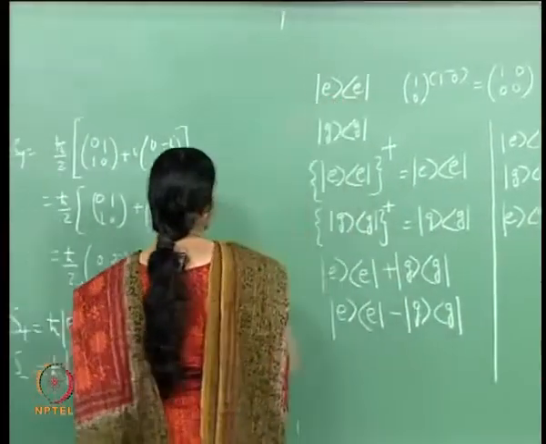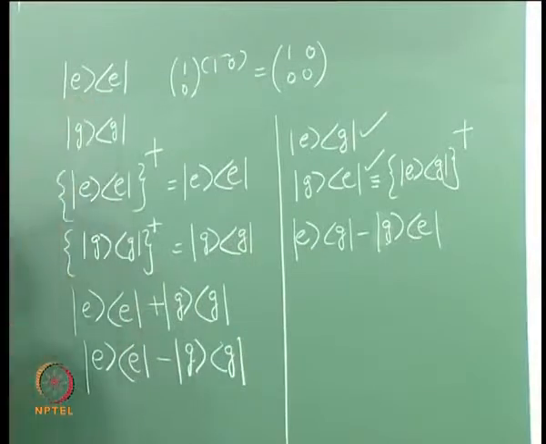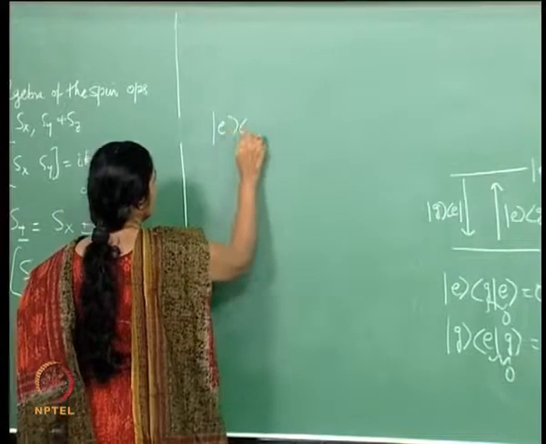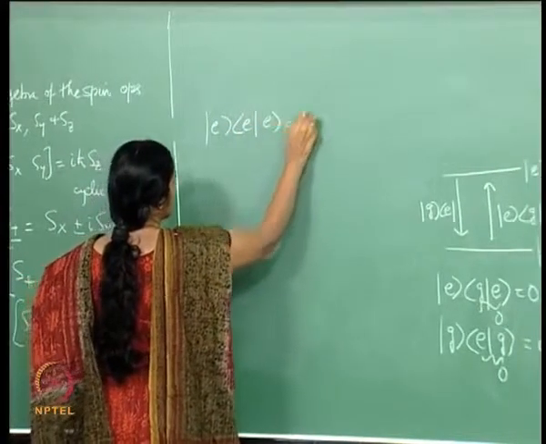Let us look at an operator like |e><e|. I could do this by writing matrices explicitly, as in the earlier case, but I think we will do well to use the Dirac notation and find out what happens when this acts on states.